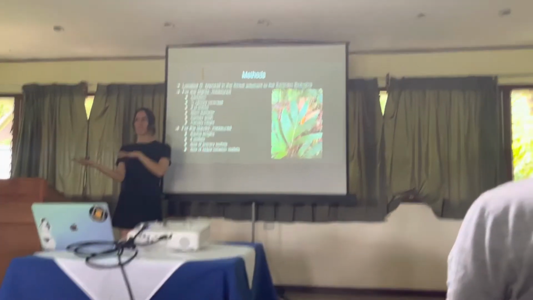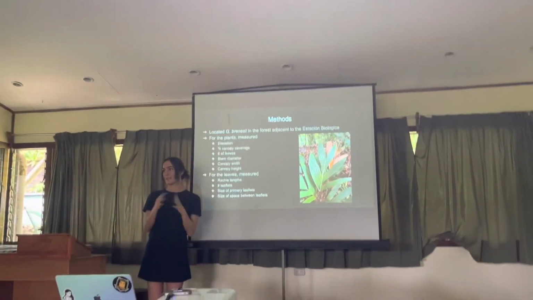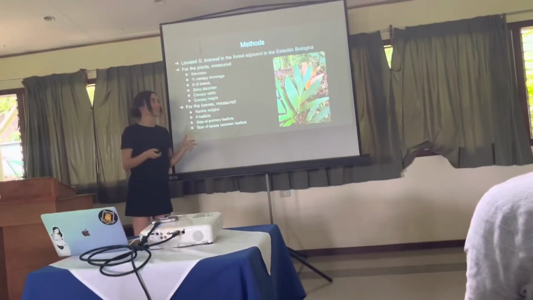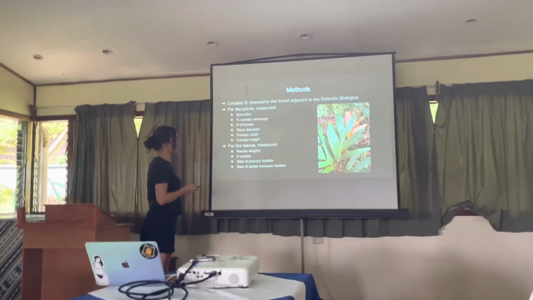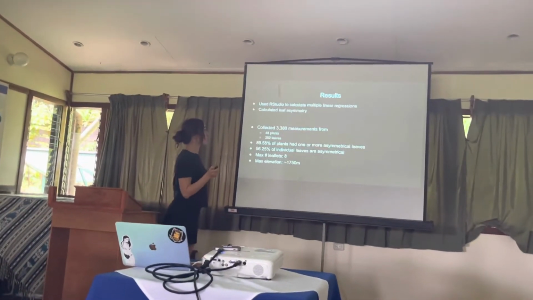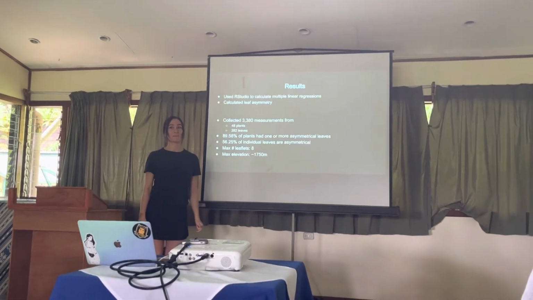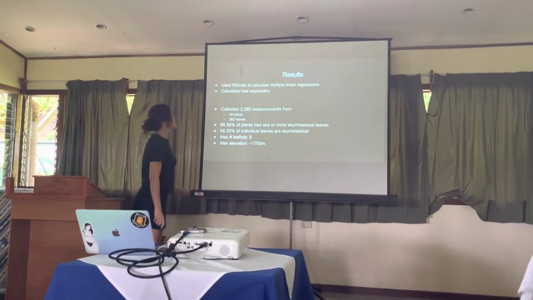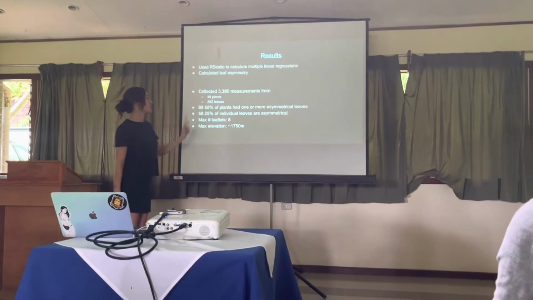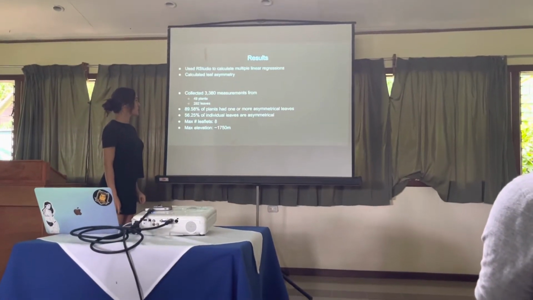Then I would do the same for the right. If it's symmetrical, the difference is 0, but if asymmetrical, then we got a value. In total, I collected 3,380 measurements, which took quite a long time. Eladio helped with all of that. 48 plants in total, and we measured 282 leaves.